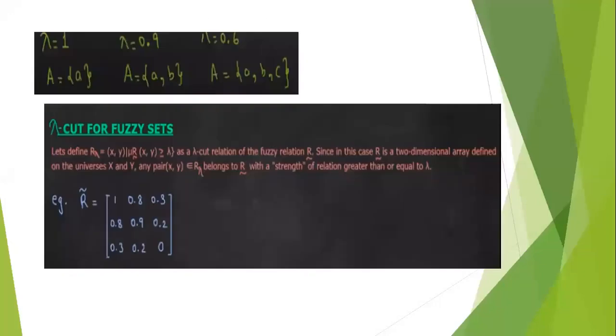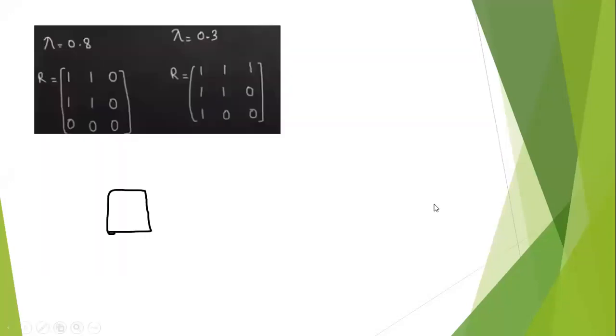Only the first 4 values are greater than or equal to 0.8. So your R is written as 1, 1, 1, 1, 1, with the remaining terms all zeros.